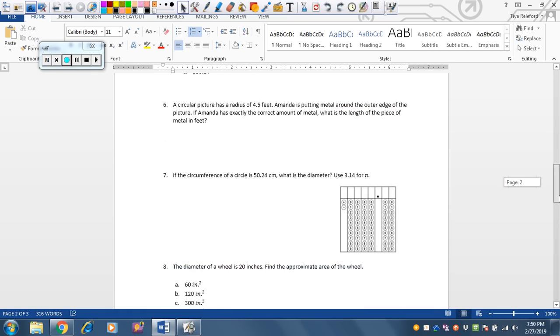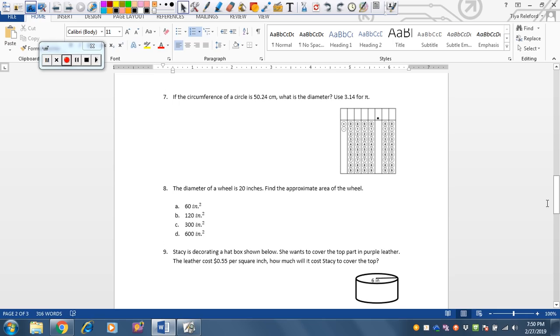Number 7 is fun. If the circumference of a circle is 50.24, what is the diameter? You're going to need to start with the formula for circumference.